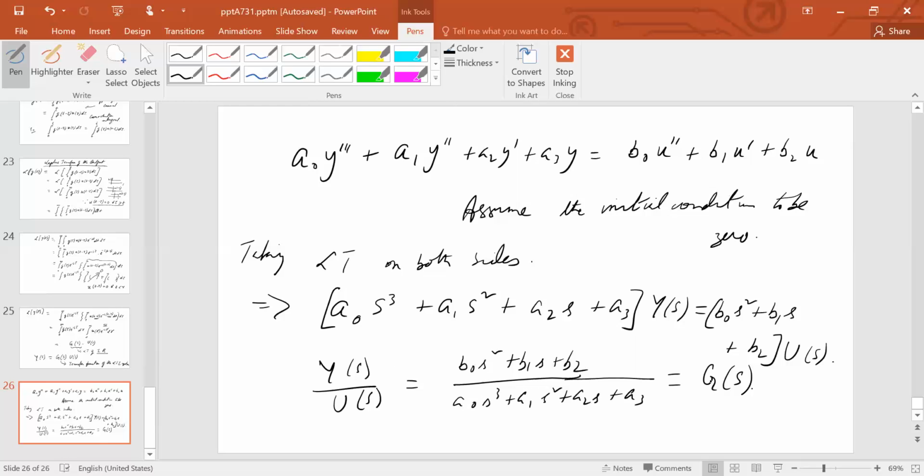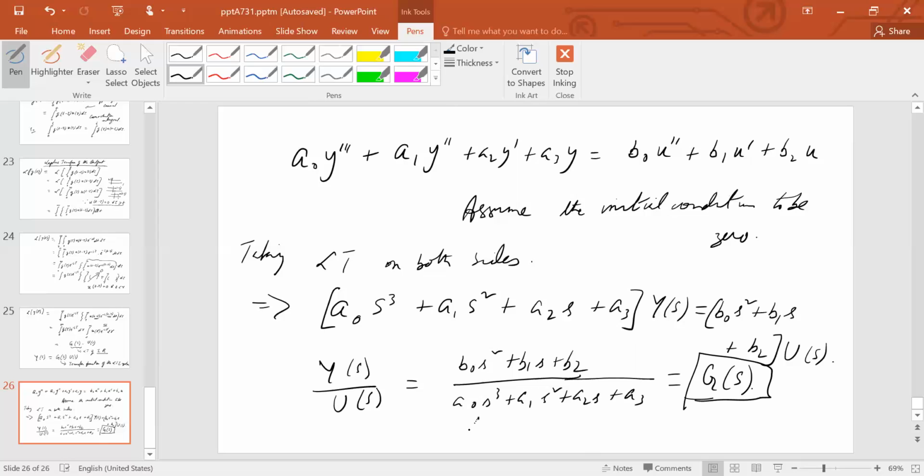So therefore, for an ordinary linear differential equation such as this, an alternate definition of the transfer function is that it is the ratio of the Laplace transform of the output to the Laplace transform of the input when all initial conditions are 0.